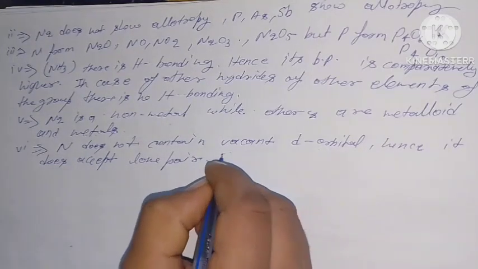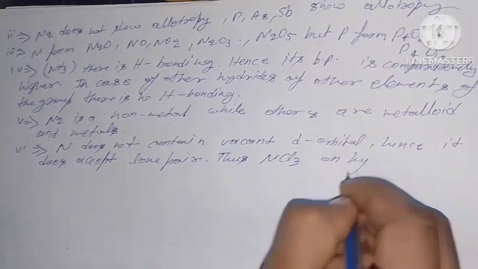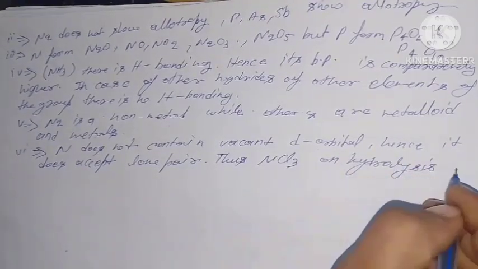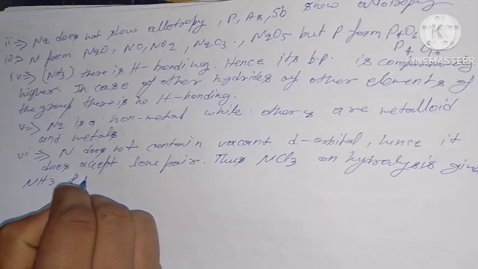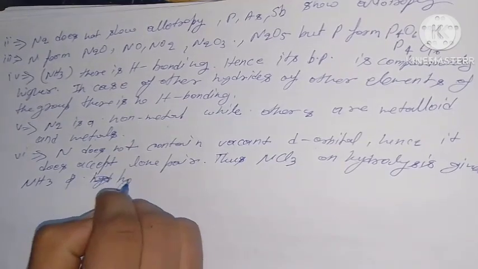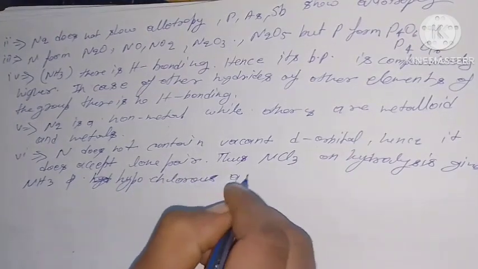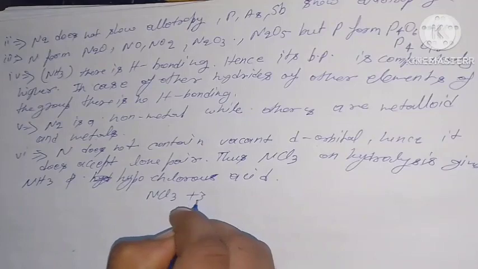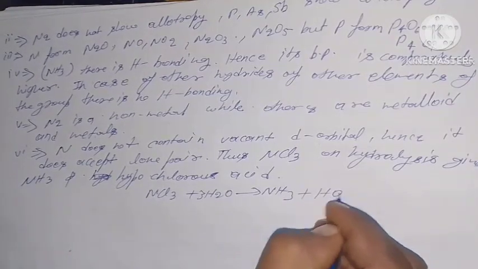Thus NCl3 on hydrolysis gives ammonia NH3 and hypochlorous acid: NCl3 plus 3H2O gives NH3 plus 3HOCl.